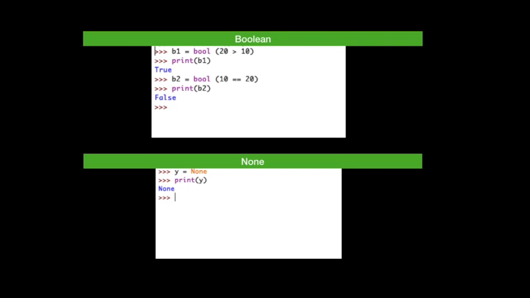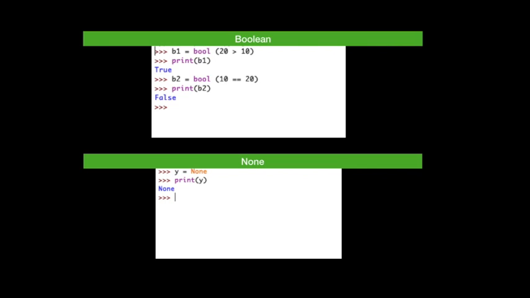Next one is Boolean. Boolean is basically two values, that is true or false. If we see the example, you can see I have written b1 equals bool(20 > 10). So there's a condition given along with bool. Depending on whether the condition is true or false, I'll get a Boolean value.